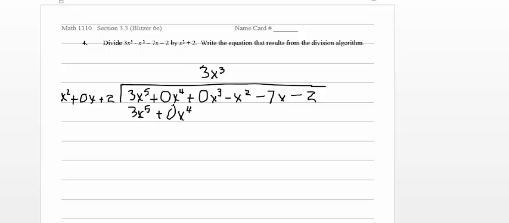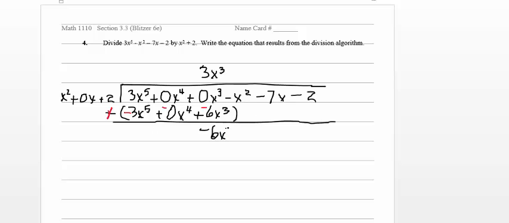So x squared goes into 3x to the 5th, 3x cubed times. When I multiply that by the divisor, I get 3x to the 5th plus 0x to the 4th plus 6x cubed. And I am subtracting, but I can change that to an addition, as long as I change the signs of what I was subtracting.